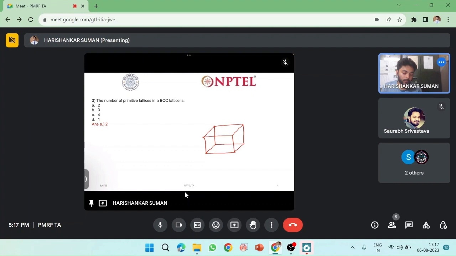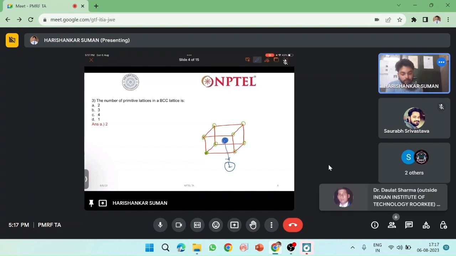If we further extend the unit cells, the corner atom's share in the unit cell will be 1 by 8. There are 8 corners, and the share of each is 1 by 8, plus 1 at the center. So the answer is 1 plus 1, which is 2.